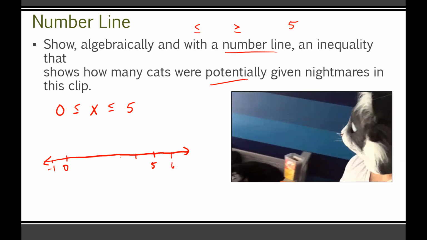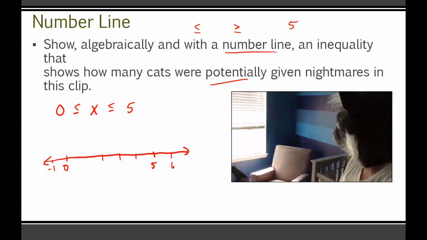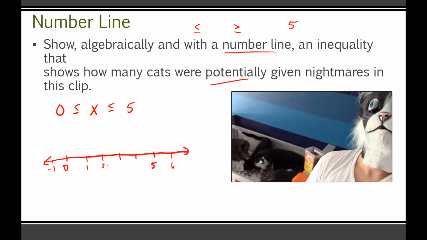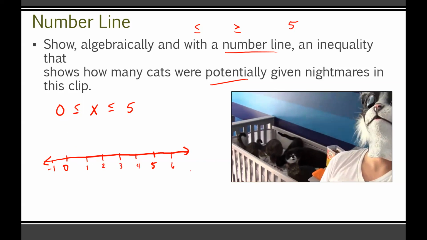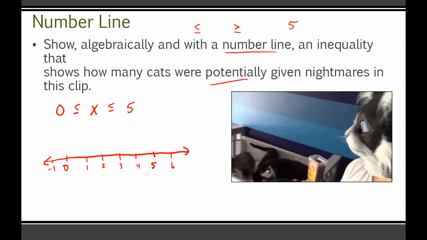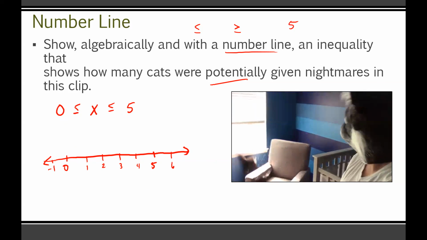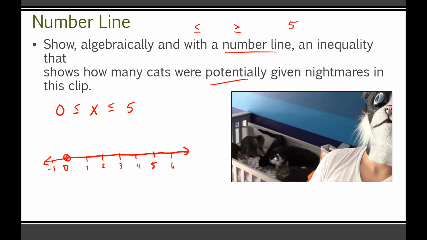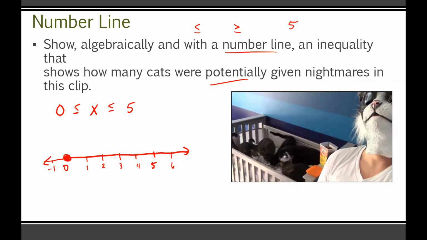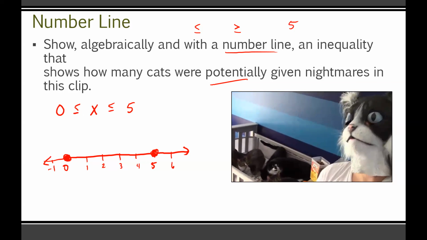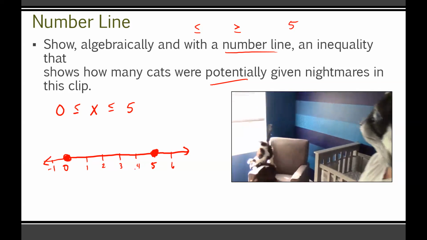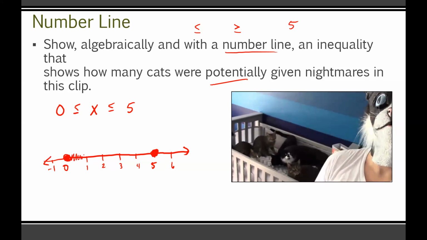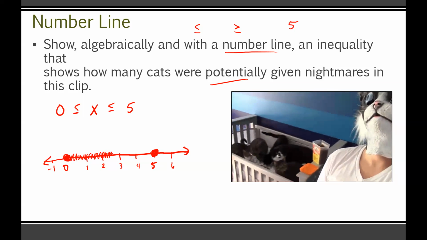Then we have 1, 2, 3, 4, 5, 6. There we go. Because we could potentially include 0 and 5, we need to put closed circles at both 0 and 5. And because we could be anywhere in between, we need to shade the line in between.